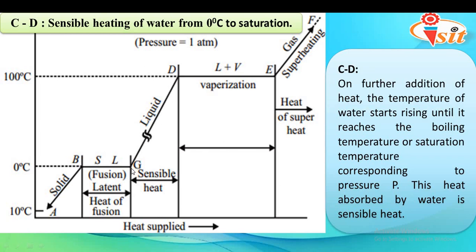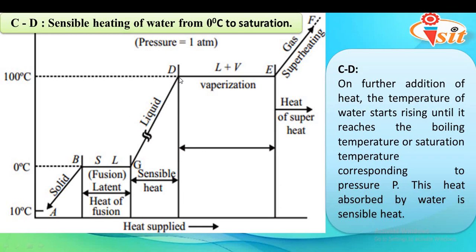So if you take the water at 0 degrees Celsius and if you start adding heat to that, then there will be no change in phase, but instead whatever the heat you are adding into that, it will result in the rise in temperature of the water. So this process will continue, that is, as we go on adding the heat, the temperature of the water will start increasing until it reaches this point D, where the temperature will be 100 degrees Celsius.